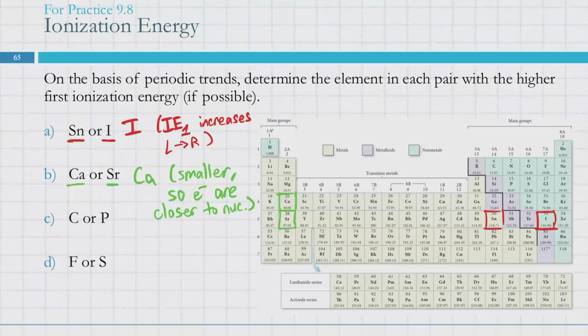And then what about carbon or phosphorus? Which one do we think will be harder to remove an electron from?